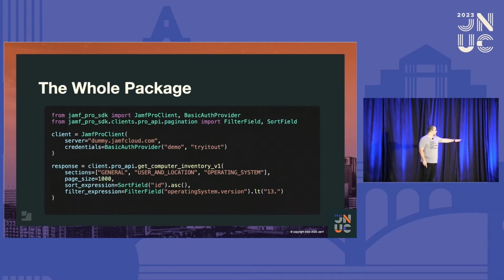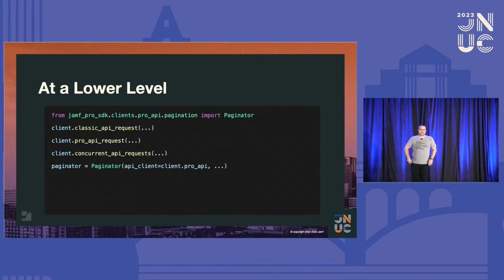These built-in methods that we add to the SDK also will throw errors if you pass in a field value that is not supported by that API. So like if you just pick a value out of the computer response, you say I want to filter by this, but it's not actually in the supported list of fields, you'll get an error for it and you'll know exactly what went wrong.